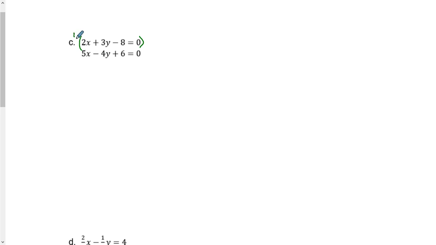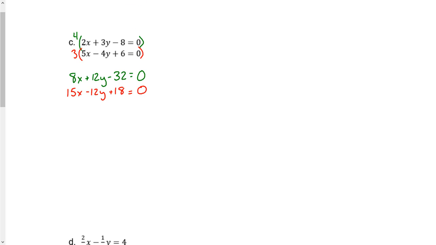So let's see, I can multiply this one by 4, and I can multiply this equation by 3. 4 times 2x is 8x. 4 times positive 3y is positive 12y. 4 by negative 8, negative 32. 4 times 0 is still 0. 3 by 5 is 15. 3 by negative 4, negative 12y. And 3 by 6, 18. 3 by 0, still 0.